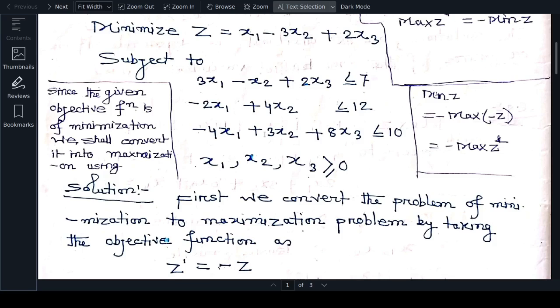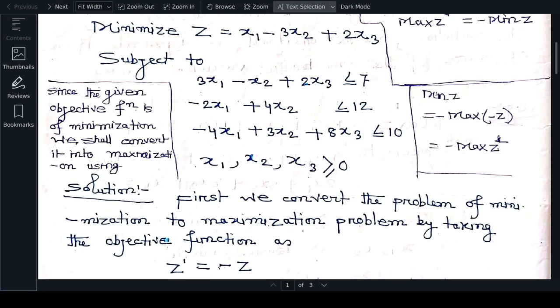So the constant part is what? Positive or negative? Positive. What are the constants, meaning the right hand side values? 7, then 12, 10.